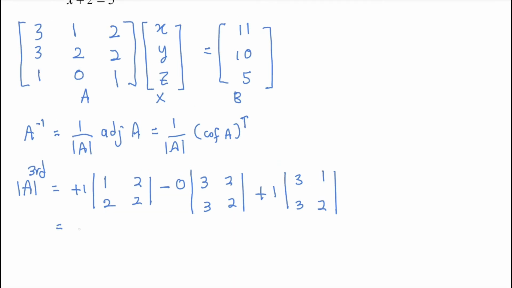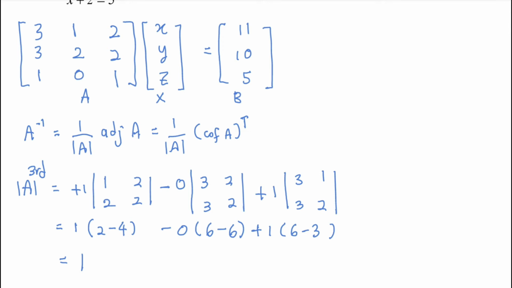Then you proceed with 1 times 2 minus 4, minus 0 times 6 minus 6, which is 0 also, plus 1 times 6 minus 3. Then you calculate, and you will get the value 1. So the determinant of A is 1.